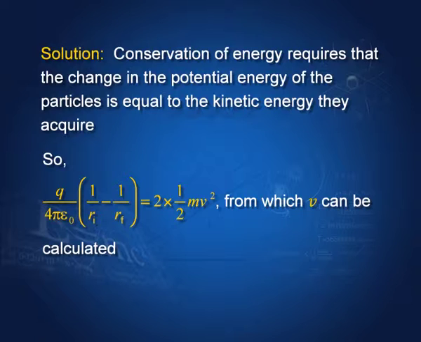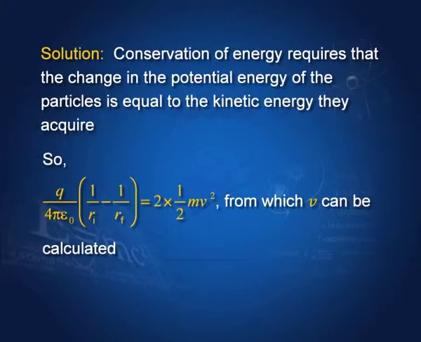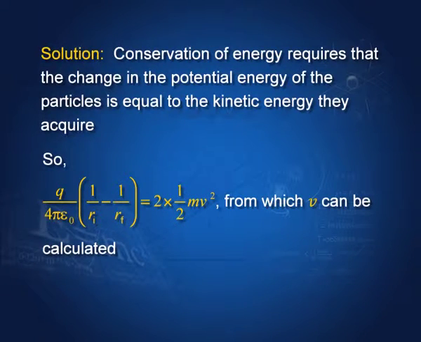So, it is 2 into 1 by 2 m v squared, because there are two particles carrying charge q, from which, if we know r initial, r f, q, then we can find out v.